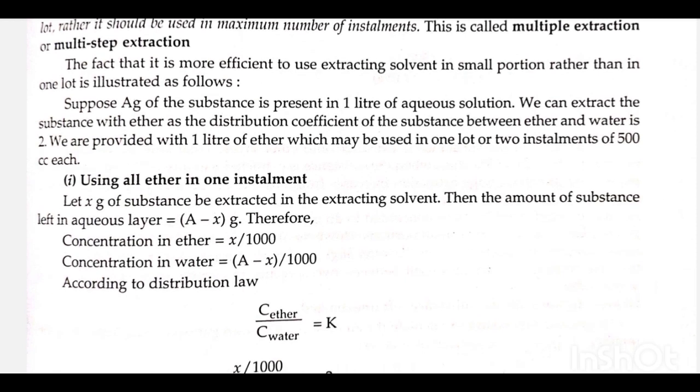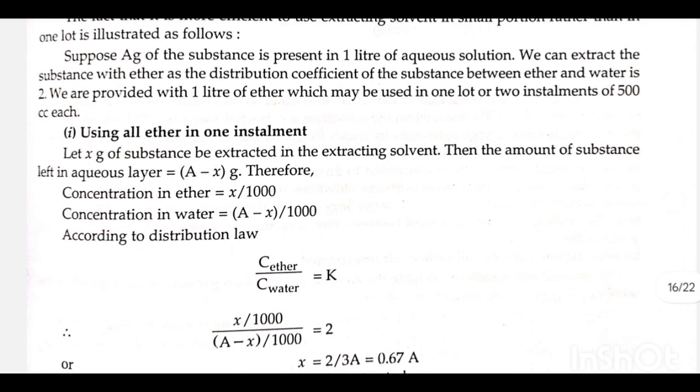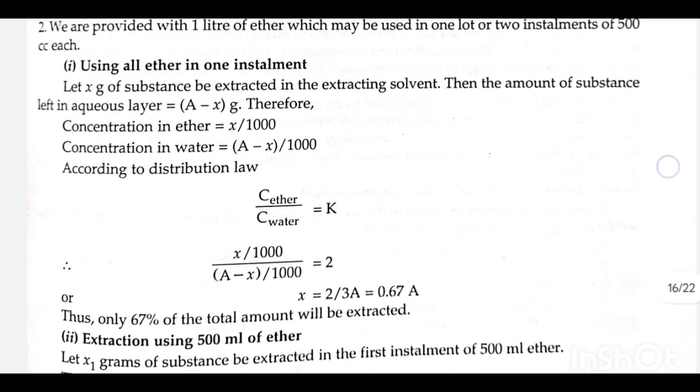Suppose A g of the substance is present in 1 liter of aqueous solution. We can extract the substance with ether, as the distribution coefficient of the substance between ether and water is 2. We are provided with 1 liter of ether, which may be used in 1 lot or 2 installments of 500 cc each.